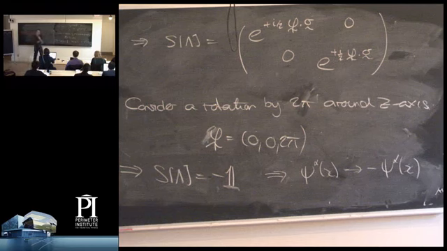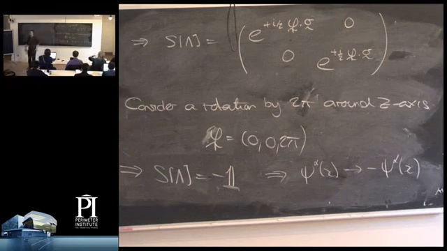That's definitely not what happens for a vector. You take a vector, rotate it by 2 pi, and you get back exactly the same vector. So this is the most striking difference between the usual Lorentz vector representation and the spinor representation. Rotate things by 2 pi, and they don't come back to themselves, they come back to minus themselves.